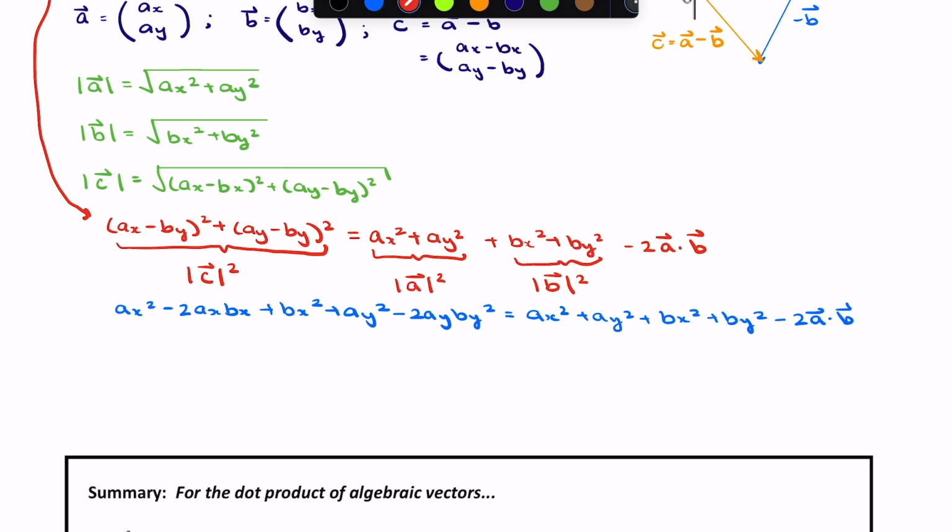So here we can cancel a couple things out: ax squared, bx squared, and by squared. There should be an addition here as well. Let me just move this over here.